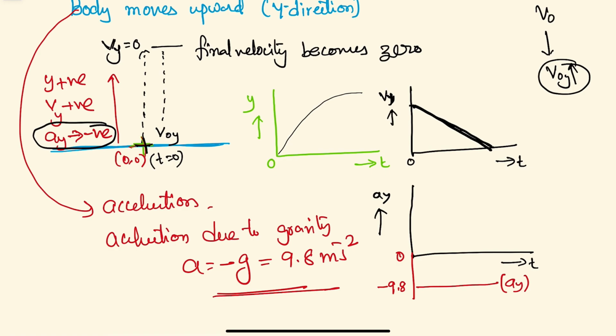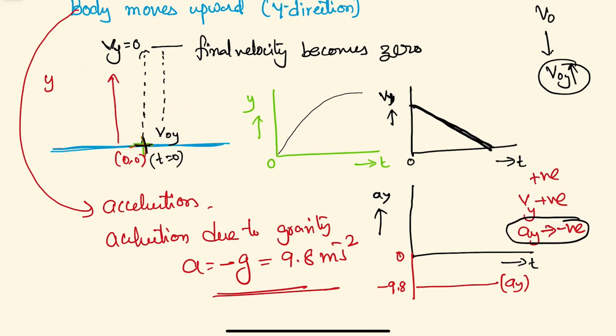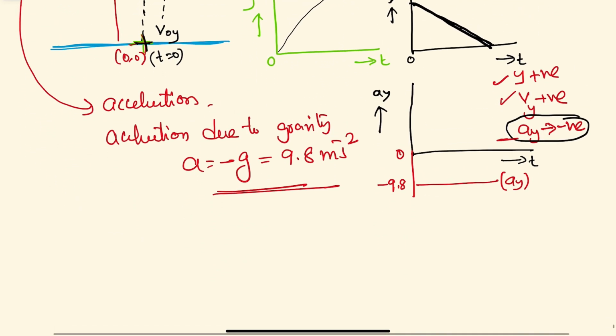You can imagine how this can be. Here, y can be positive, Vy can be positive, Ay can be negative. Now coming to the body coming down.